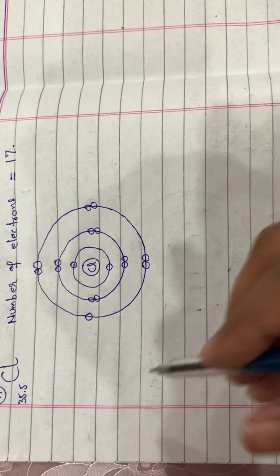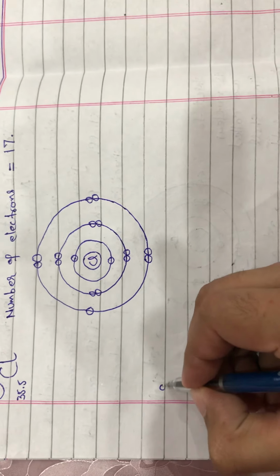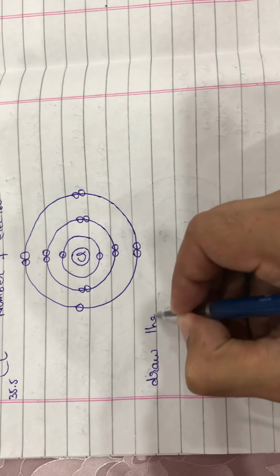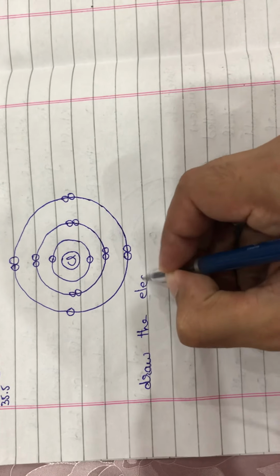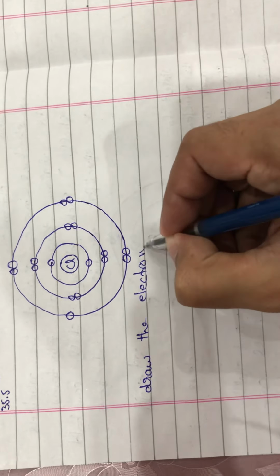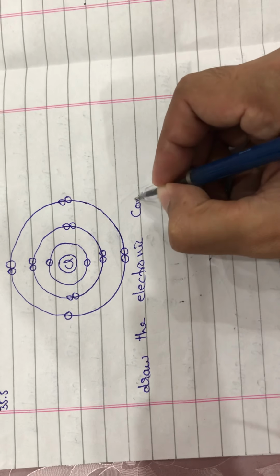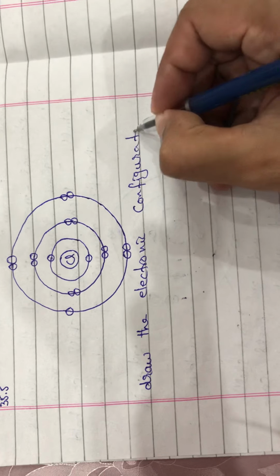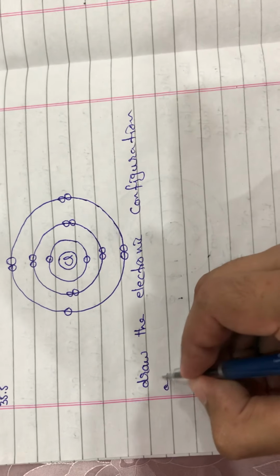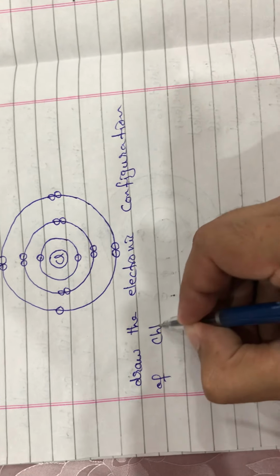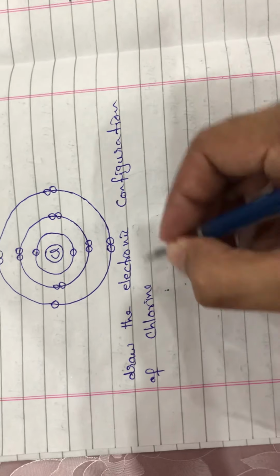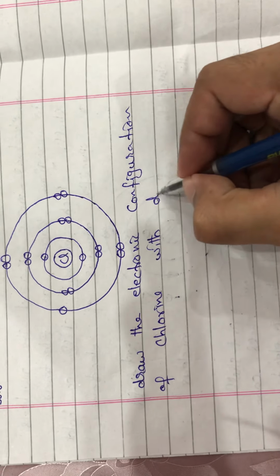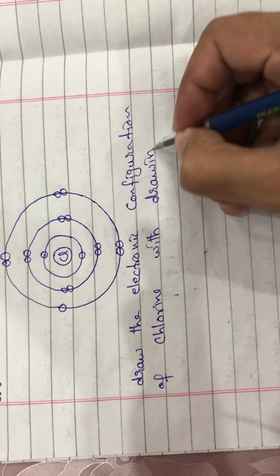If it is asked from you, draw the electronic configuration of chlorine without drawing the electron shells.